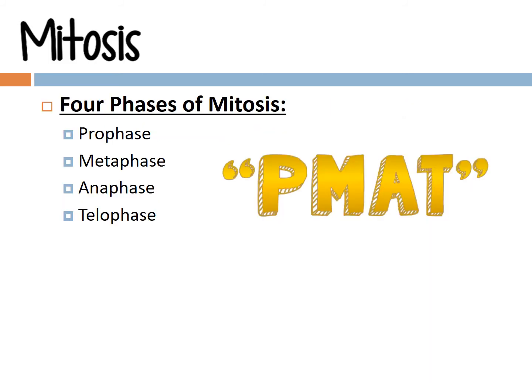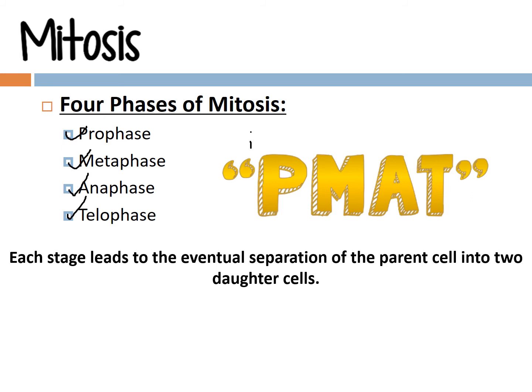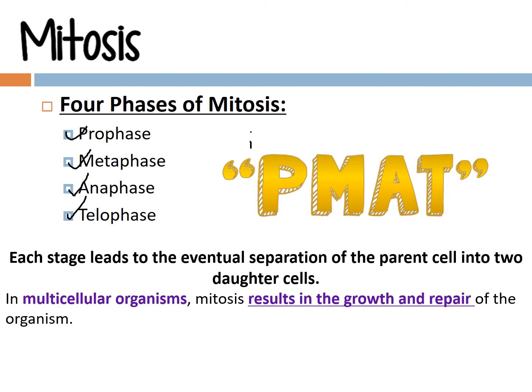So there are four phases of mitosis. You've written this down already. We memorize mitosis by calling it PMAT. There's really nothing interesting other than some people say, I pee on a mat, because I stands for interphase. Prophase, metaphase, anaphase, telophase. Each stage leads to the eventual separation of the parent cell into two daughter cells.